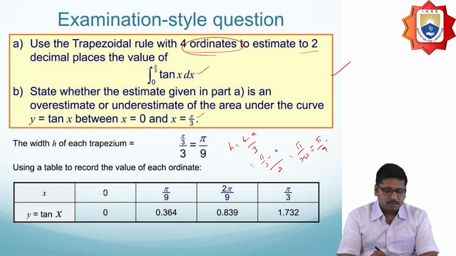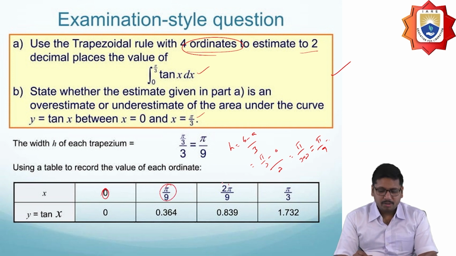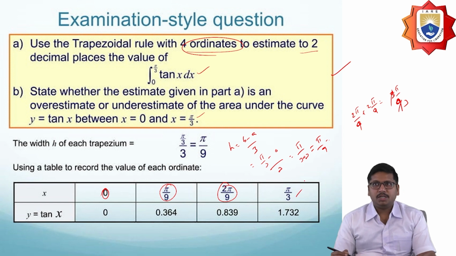Taking the values of x starting from 0 with a difference of pi by 9: 0, pi by 9, 2 pi by 9, and 3 pi by 9, which is pi by 3.